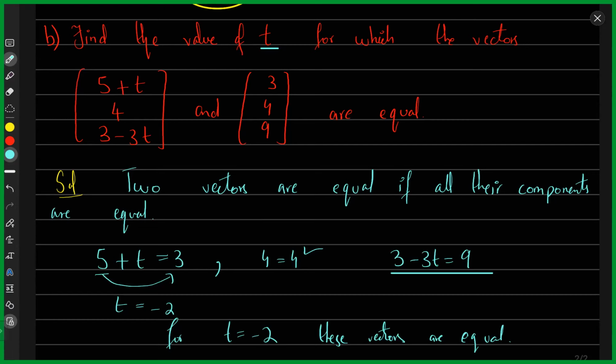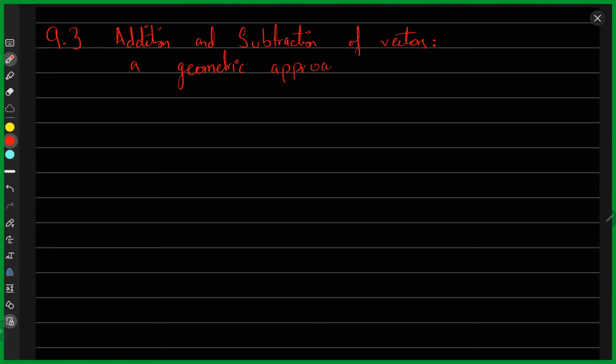Okay. Now let's talk about the next topic, that was 9.3, addition and subtraction of vectors, a geometric approach.